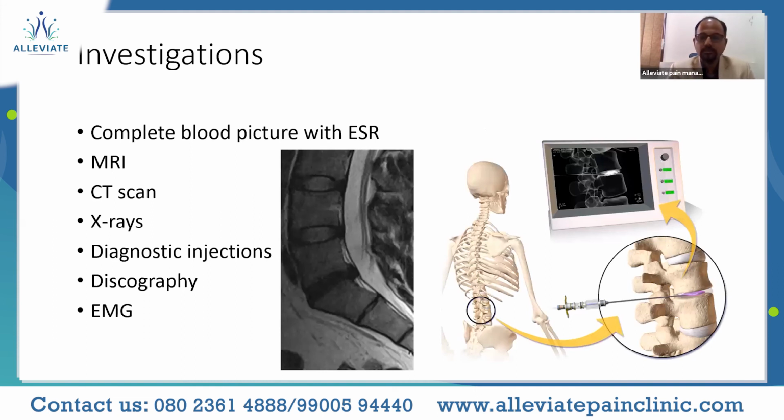A thorough investigation is required, as you can see, with complete blood picture, with ESR, to rule out any inflammation, infection, MRI, CT scan, X-rays, diagnostic injections, discography, okay, wherein, as you can see over here, a dye has been injected. Again, discography plays a big role in evaluating discogenic pain.